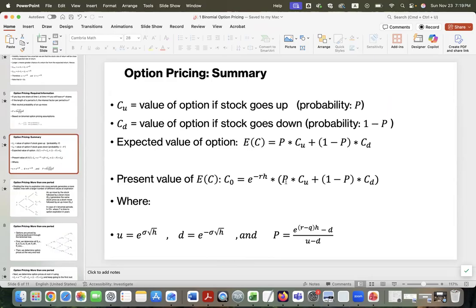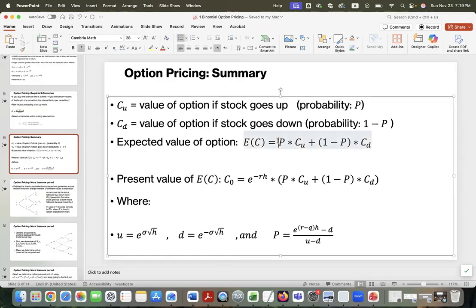It's expected value of, first we calculate the expected value of this option, and then we discount it to today's dollar.